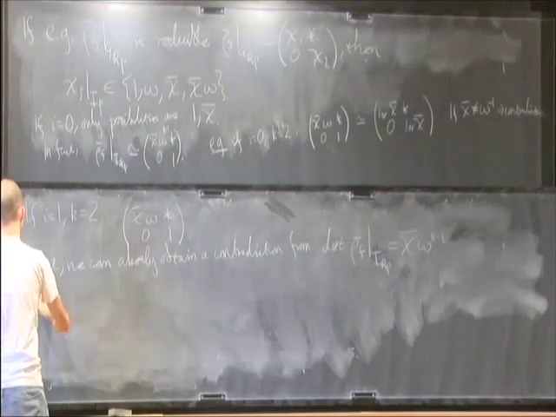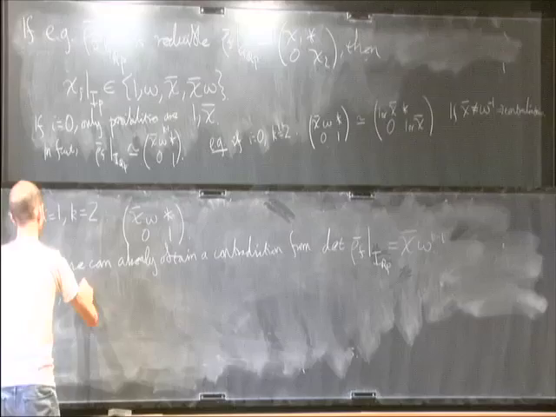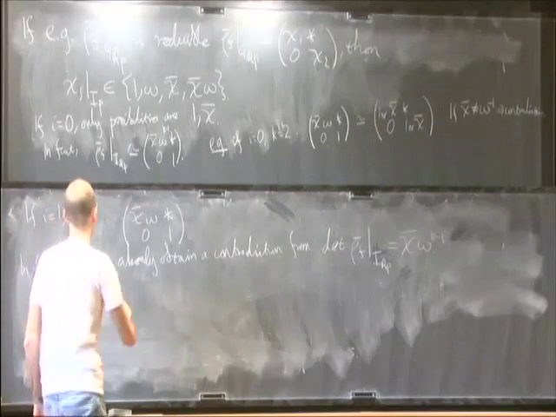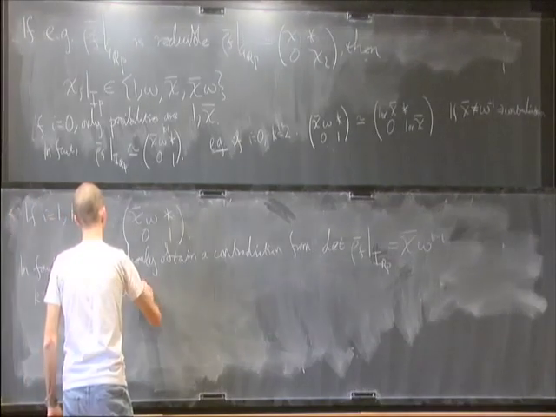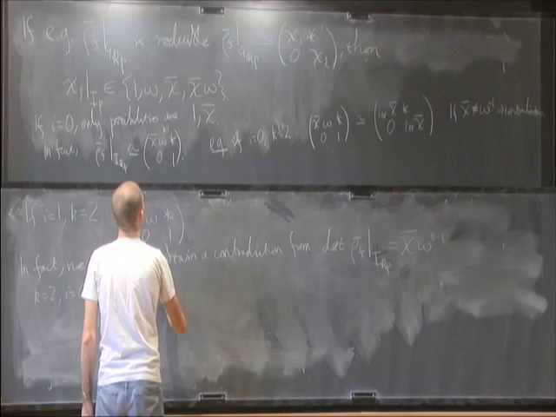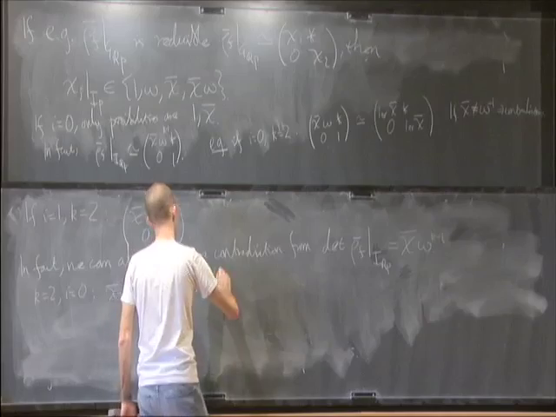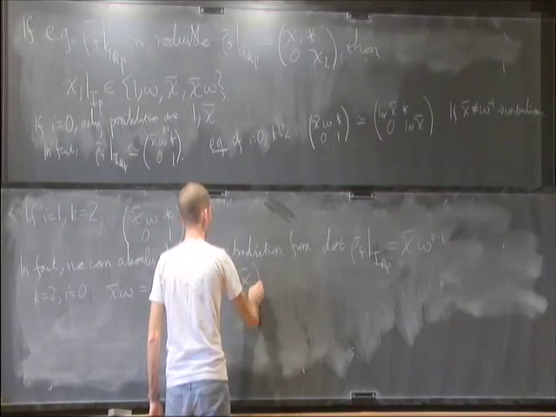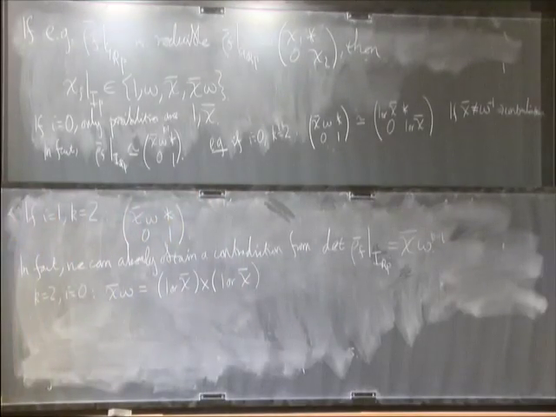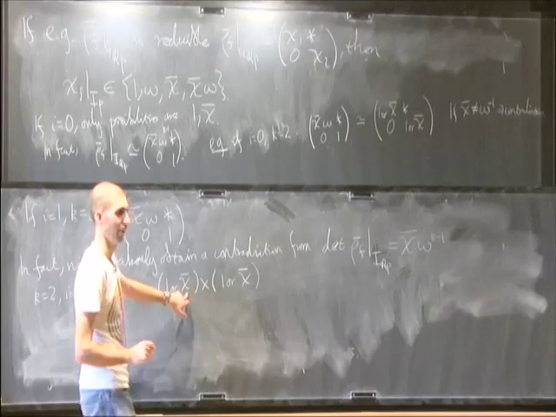So I then took k equals 2 and i equals 0. And I was asking that chi bar omega equals a kind of product of two characters, 1 or chi bar times 1 or chi bar. And again, this has rather few solutions. This imposes very strict conditions on chi bar.